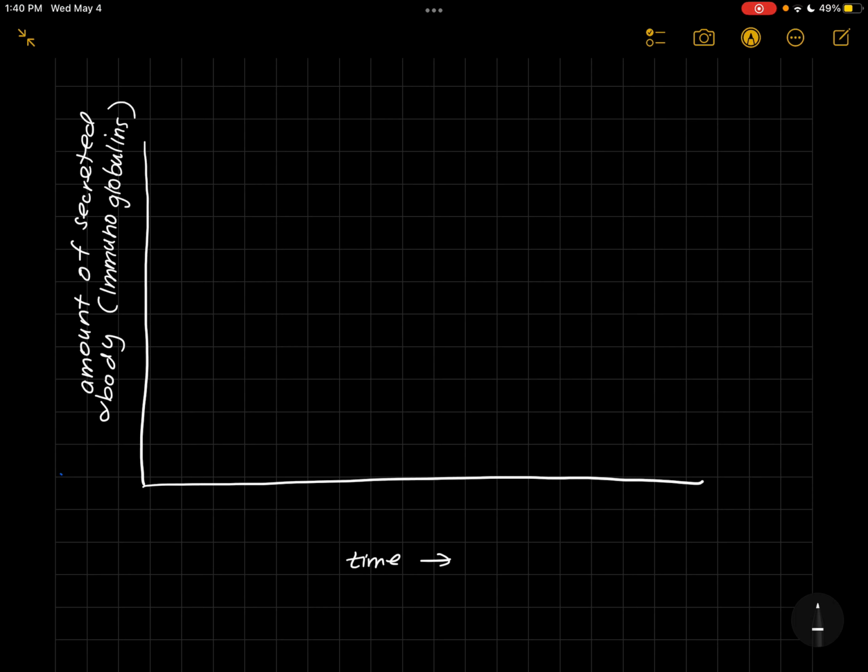And these are going to be secreted by B cells. And we're not going to just look at any old one of these. We're going to look at ones that are specific for our pathogen of interest.